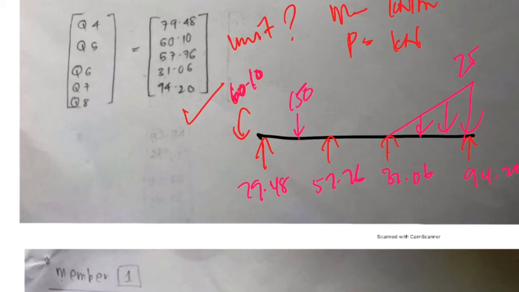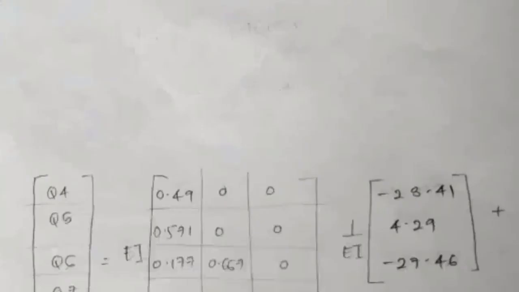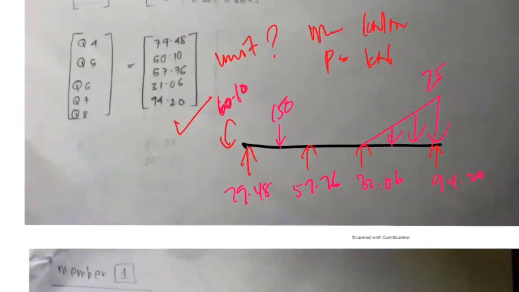Total Fy is 79.48 minus 150 plus 57.76, plus 31.06 plus 94.2 minus 0.5 times 75 times the distance, which is 3 meters. Okay, this is correct.